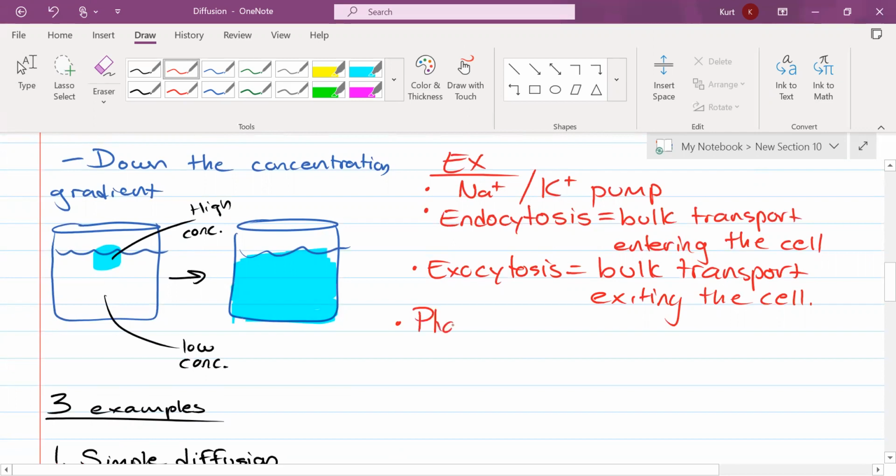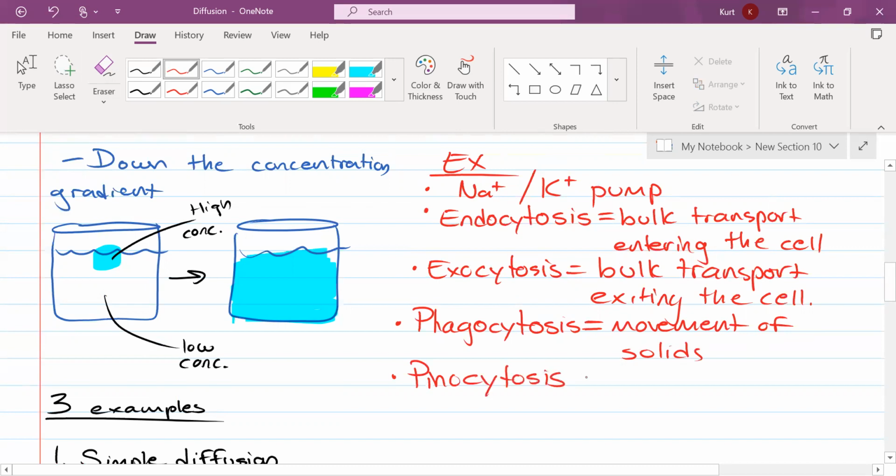We have phagocytosis, which is what your white blood cells do whenever they see a bacteria. It is the movement of solids. And pinocytosis is the movement of liquids.